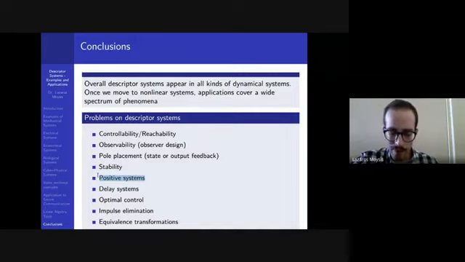If the values represent population, people and cells, obviously they cannot take negative values. So these are called positive systems. The negative values make no sense. We have delay systems. We can have problems related to optimal control, impulse elimination, equivalence transformations, a lot of problems to discuss here.